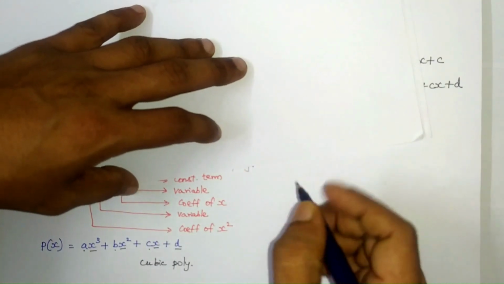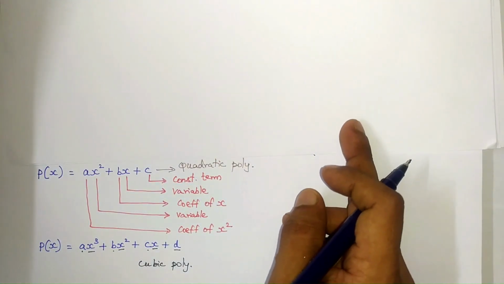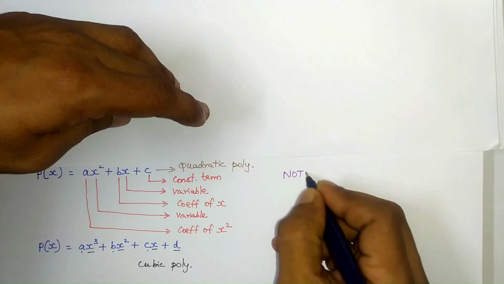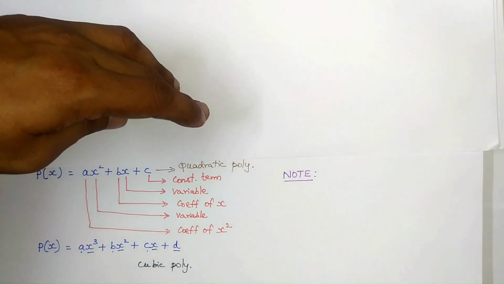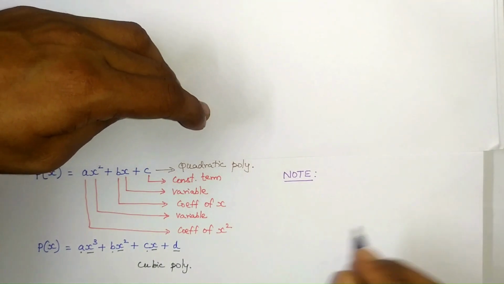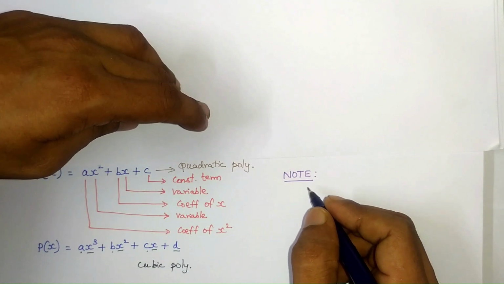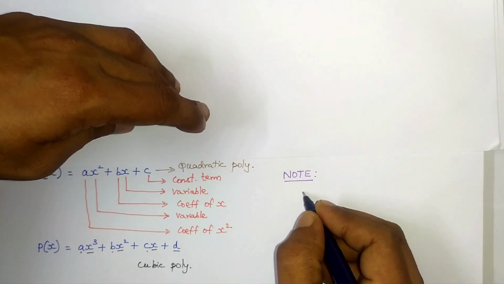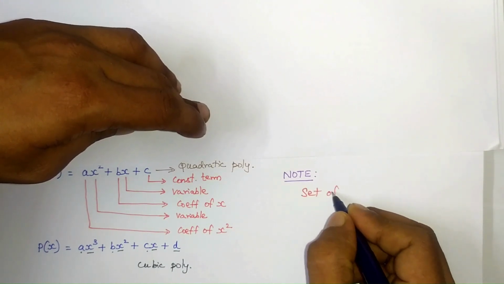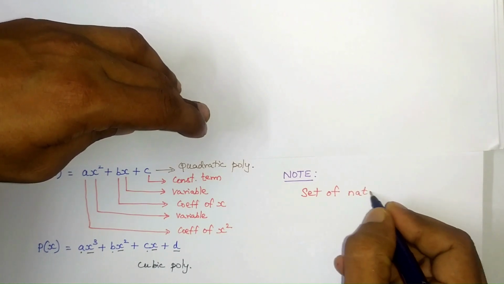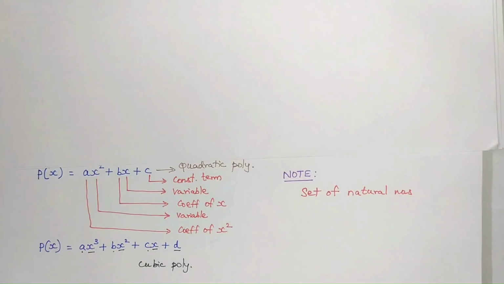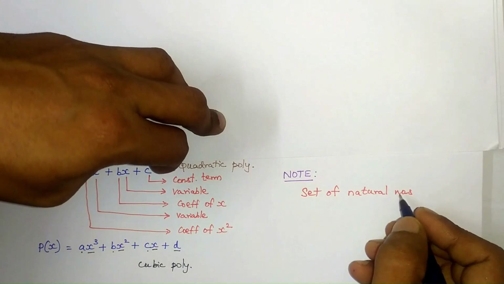One important note which we have to understand is that the degree of the polynomial, that is the highest power, belongs to the set of natural numbers.